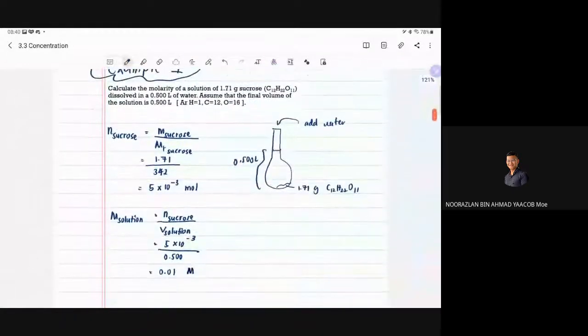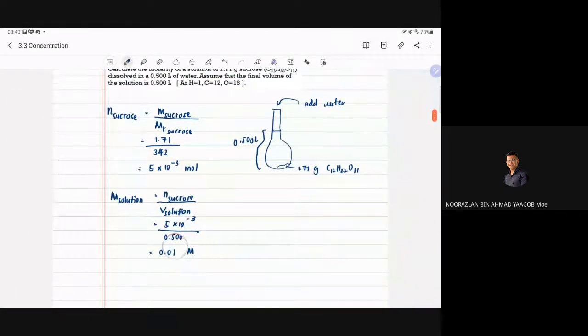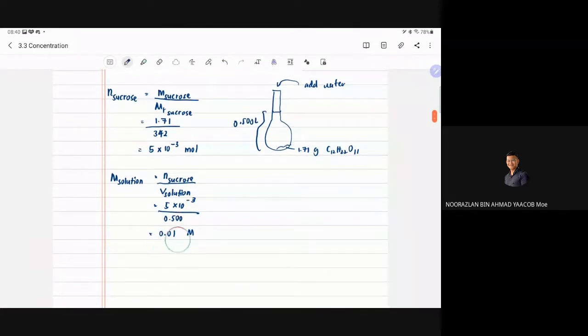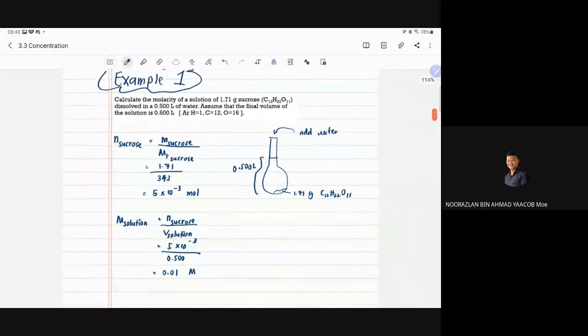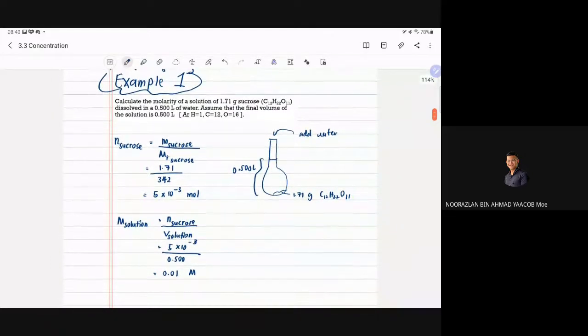Okay, that would be the solution here, concentration in terms of molarity. Okay, does anyone have any question so far? No, sir. Tiada. Okay. So can I proceed with the next one?